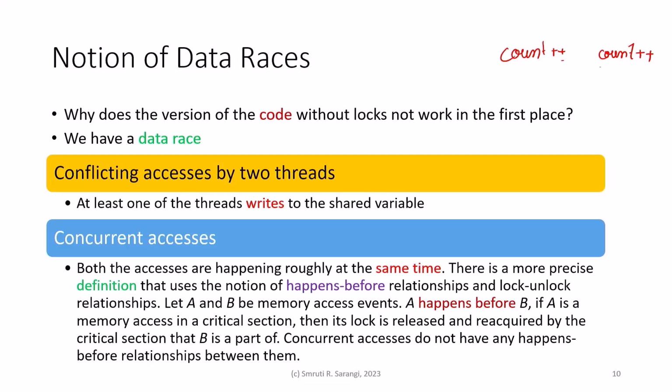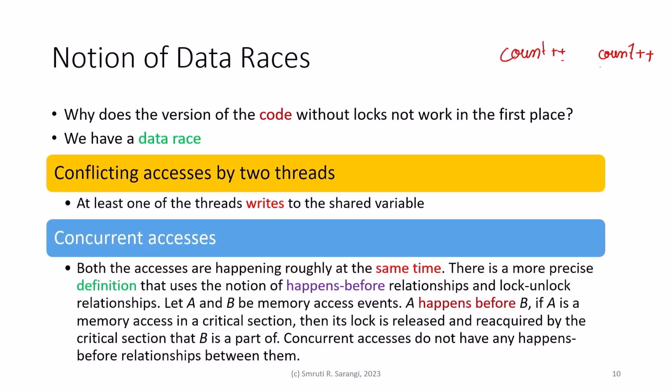But if there is no path between them, then they are deemed to be concurrent. And this constitutes a data race: two separate threads, same address, conflicting and concurrent. So that is the definition of a data race.